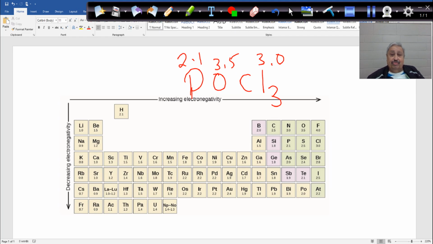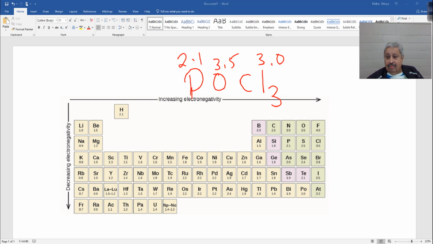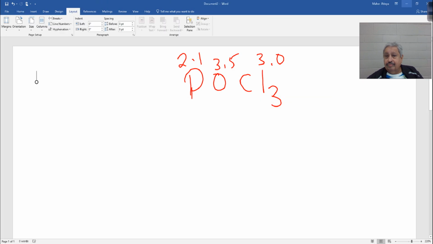So my intuition will tell me, when I start the Lewis dot structure, except when I have hydrogen. If I have hydrogen, I'm forced to keep hydrogen at the edge because hydrogen has only one electron.